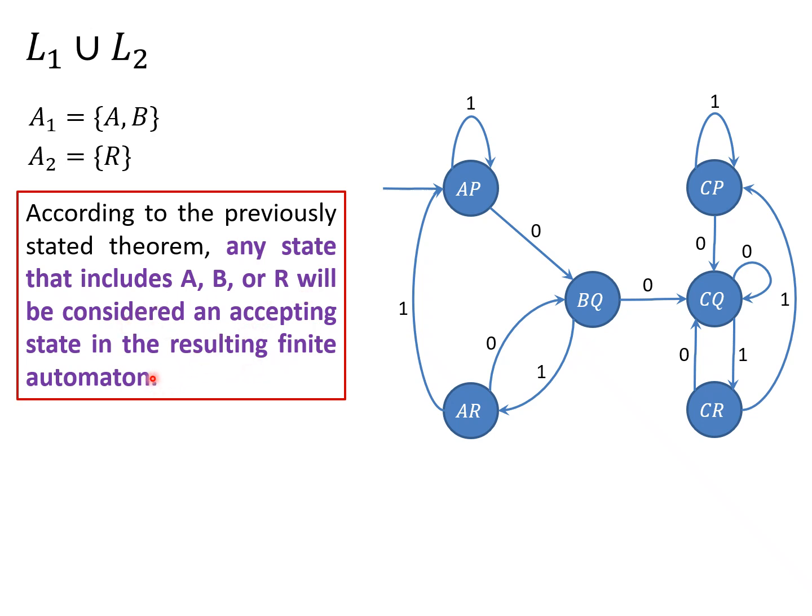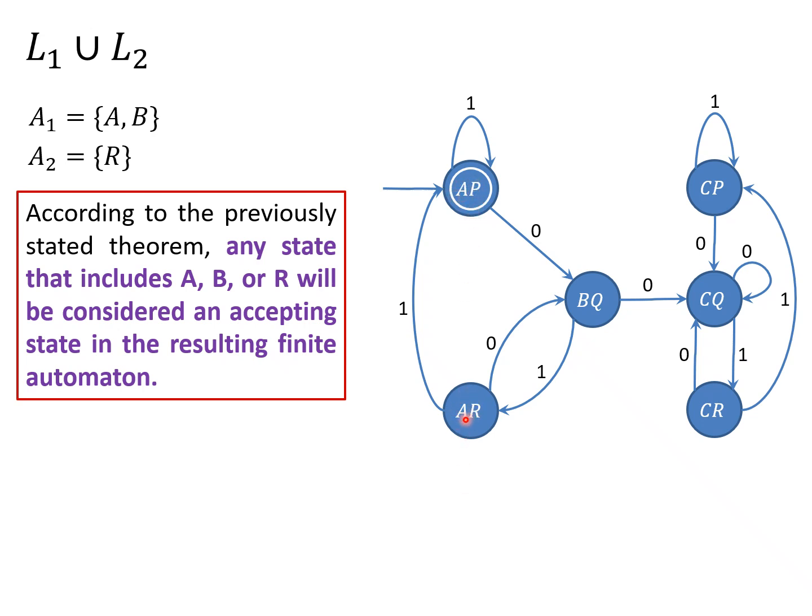That means for L1 union L2, if the state includes any of A or B or R, then you can consider it as accepting in the resulting finite automata. Look at this. A is associated with P. A is a final state of M1. This will be the final state.